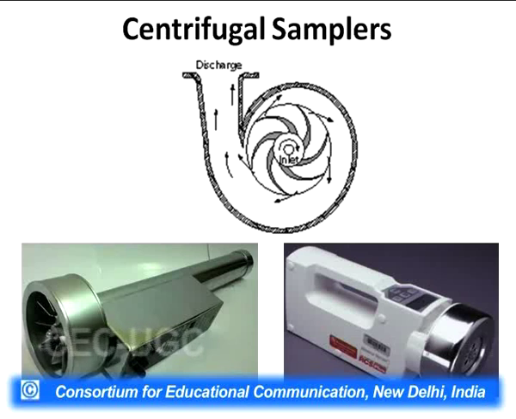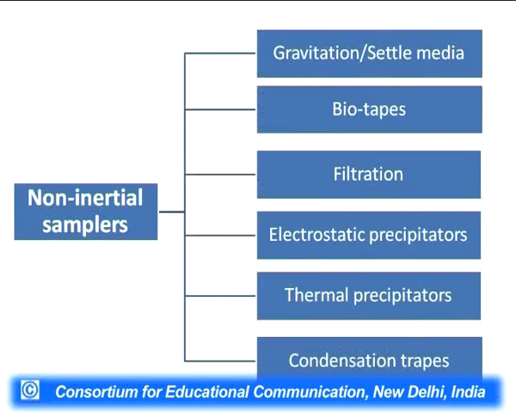When the air stream strikes that medium along the walls, the particles are deposited onto it, and afterwards that medium is taken out and can be utilized for further investigation. The bottom two pictures show a complete centrifugal sampler.